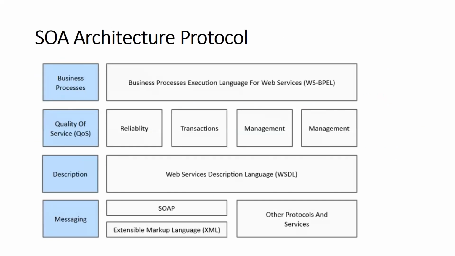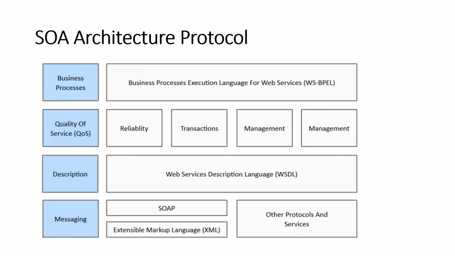This is the SOA architecture protocol. Here we have four main components: messaging, description, quality of service, and business processes. For business processes, Business Process Execution Language for web services is used. In quality of service, reliability and transaction management are given, and for description, Web Services Description Language.